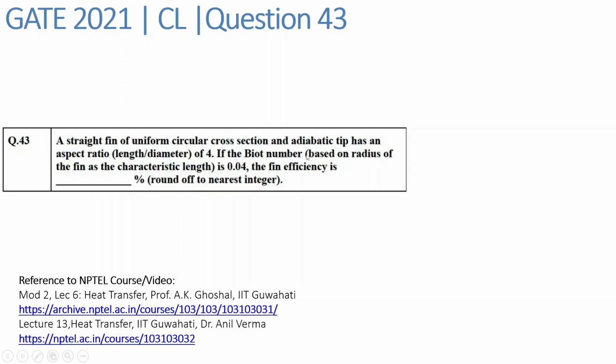If the Biot number based on radius of the fin as characteristic length is 0.04, the fin efficiency is dash %. This is a numerical answer type question, and we have to answer it rounded off to the nearest integer. So in this question, we have been asked to find the fin efficiency.